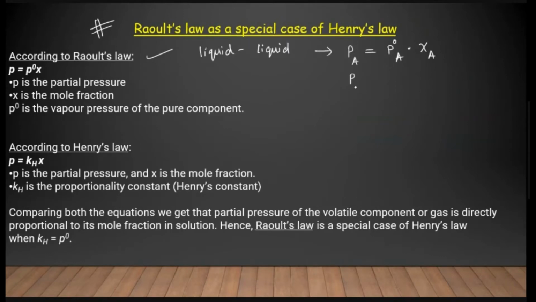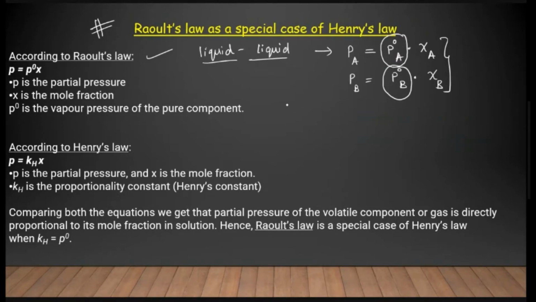Similarly, the second component PB is equal to P naught B into XB. So this was the equation which we got from the two liquids, both volatile in nature, and they exert individual partial pressures. Here the vapor pressure of the pure component is going to be constant. It will not change.